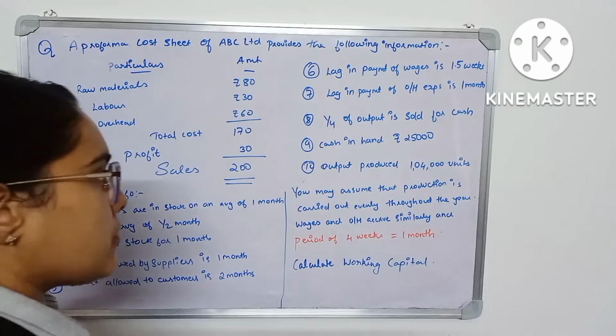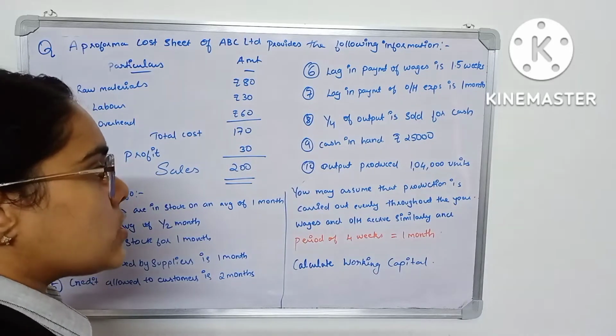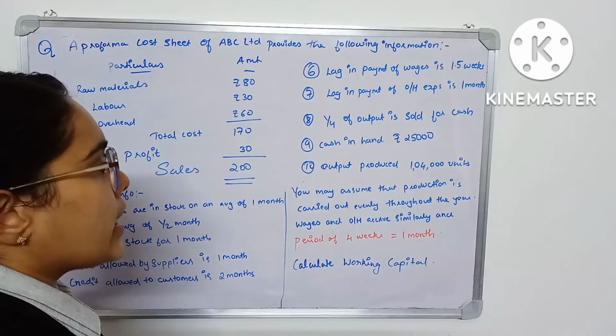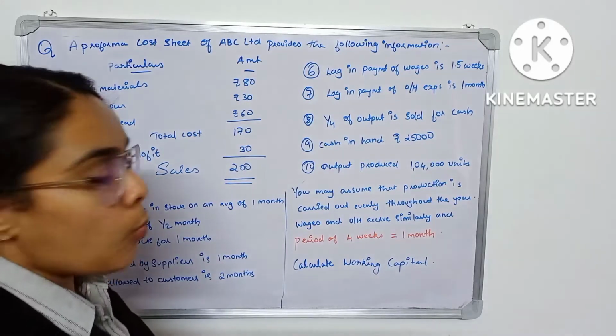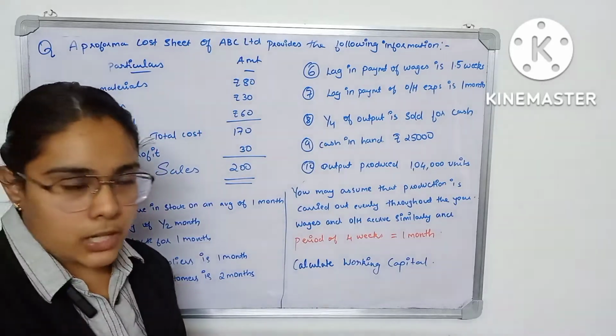Cash in hand rupees 25,000, output produced 1,04,000 units. You may assume that production is carried out evenly throughout the year. Wages and overhead accrue similarly and period of 4 weeks is equivalent to 1 month. Calculate working capital. So this is a typical question.